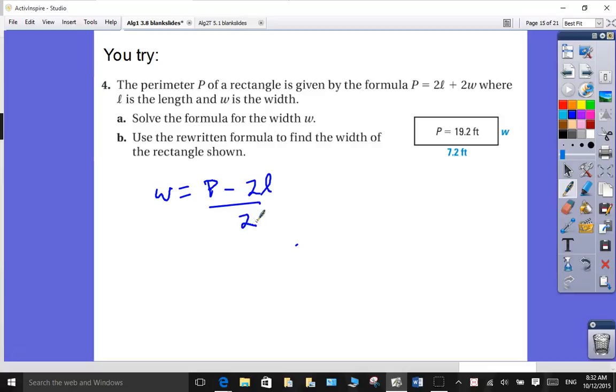Now, use the formula that we did on the last slide. This is giving us the value of the perimeter, P, and the length L, find W. Right, that's your try. Find the W for this particular rectangle right there.